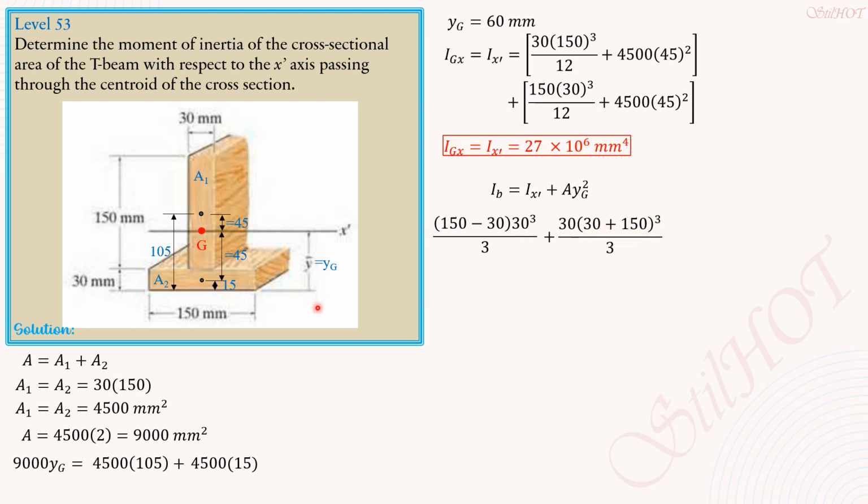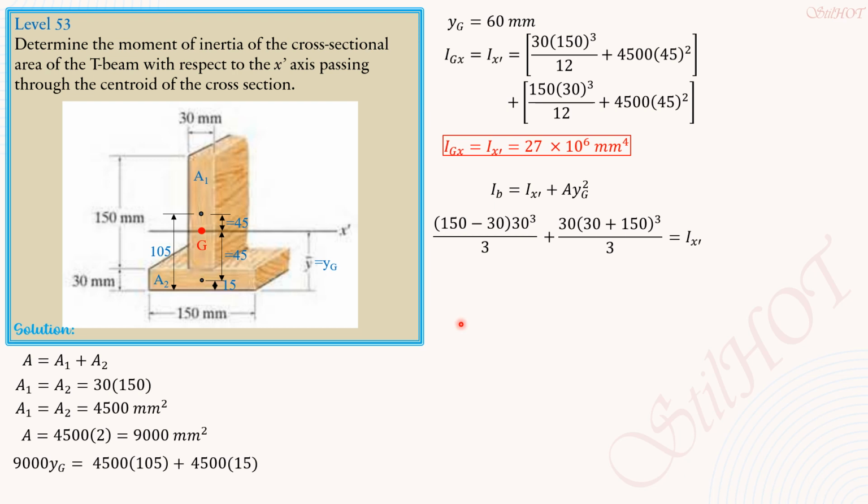So that's IB equals Ix prime, to be computed and verified, that it is equal to this plus area, which is 9,000, then yg squared because the distance between the centroidal axis or x prime axis and the base is yg or 60 squared.